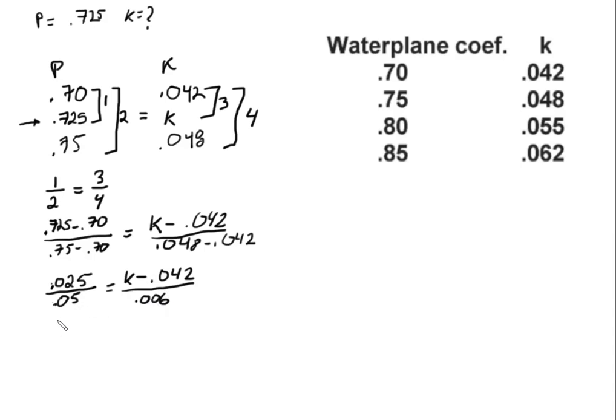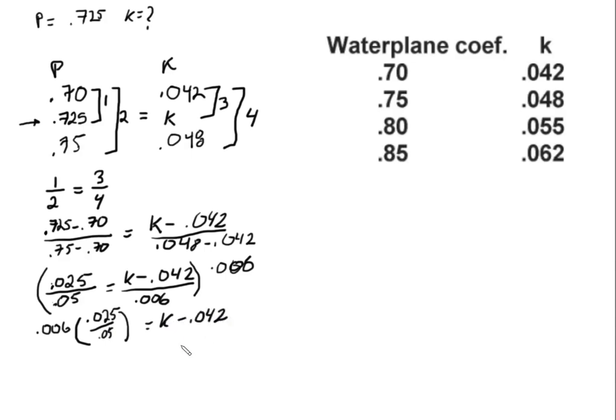That cancels out the 0.006 on this side, and I end up with 0.006 times 0.025 divided by 0.05 equals K minus 0.042.